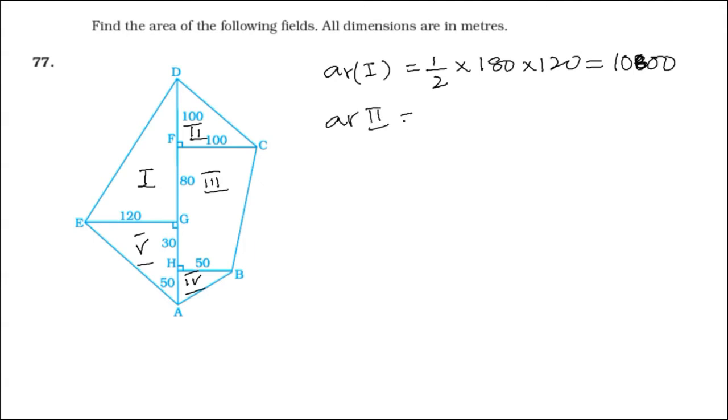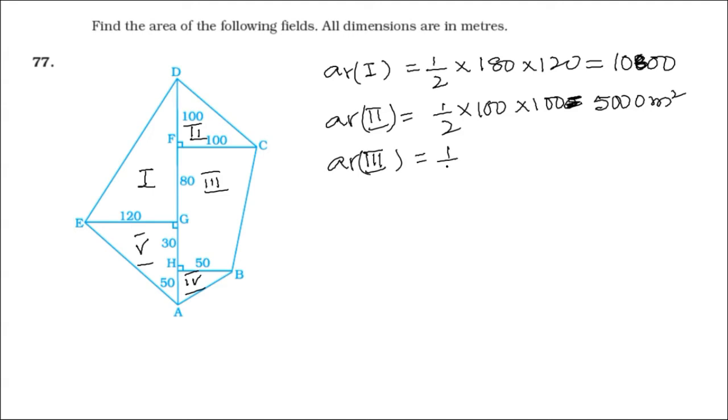The area of the second part is again a triangle, so half into 100 into 100, and we get it as 5000 square meters. The area of the third part is the area of the trapezium, half into height multiplied by the sum of the parallel sides. It is 150, because 100 plus 50, 150. 80 added to 30 is 110.